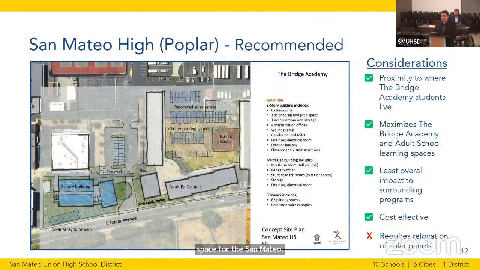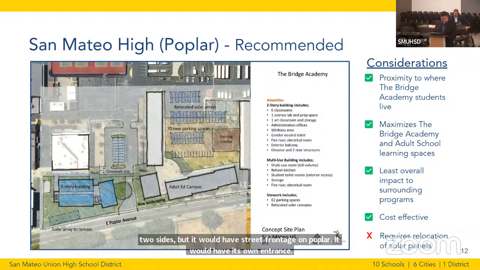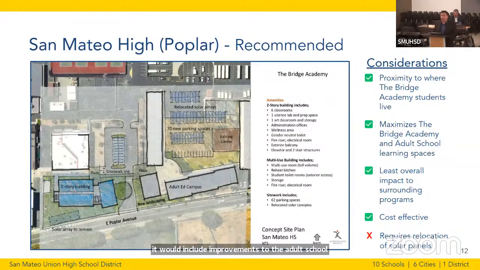It would have its own space delineated on just two sides, but it would have street frontage on Poplar. It would have its own entrance. It would include improvements to the adult school. As you can note, the plaza in front, the crosswalk that links the Smart Center to the adult school. If you've been over there, the Smart Center and the rest of the adult school don't necessarily have a natural transition.